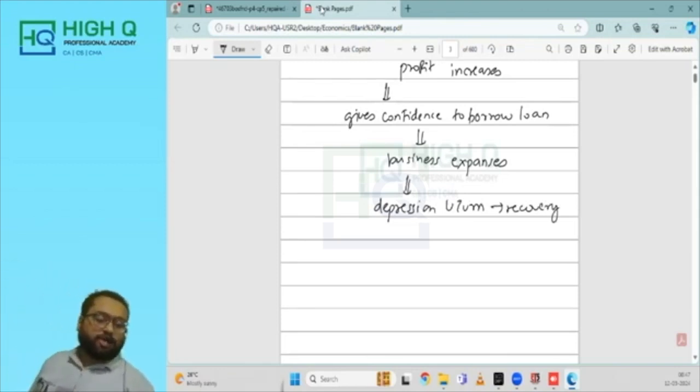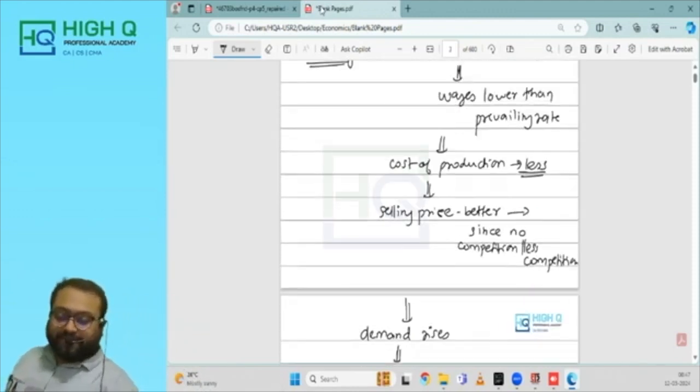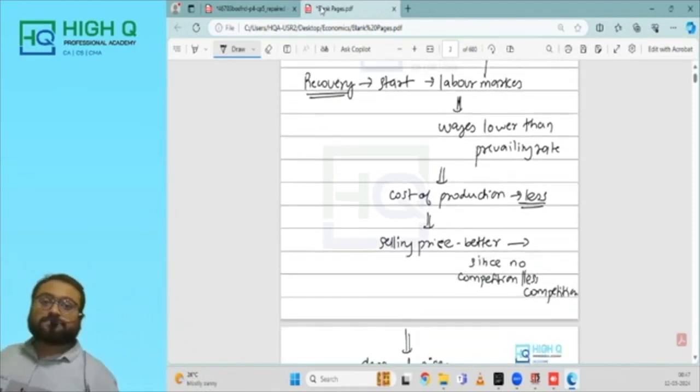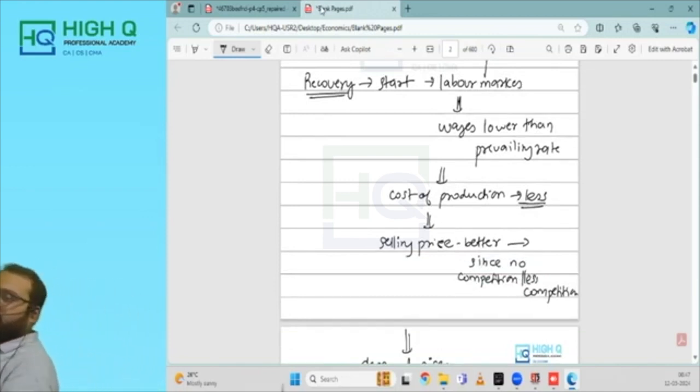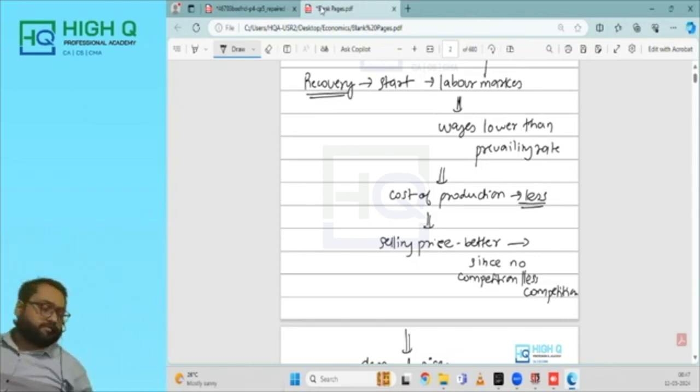Have you understood? Really? Should I scroll up? From where? Here? Copy. Copy, copy, copy. So this will help you to revise. Say yes or no? These are points for the revision. Say yes or no? Very nice.